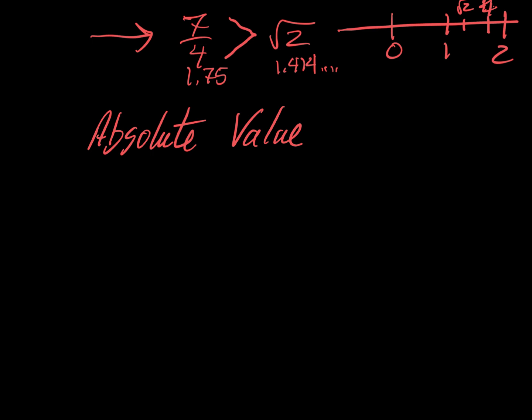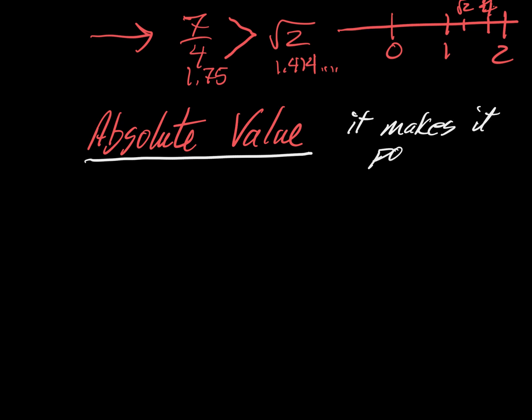And we're going to move kind of beyond a way of thinking about it. Most of you have probably thought about absolute value as it makes it positive. And that's probably how you've thought about it. And I can understand that.